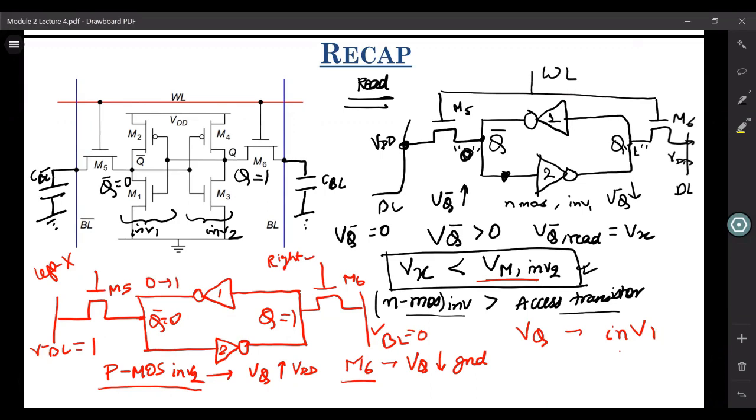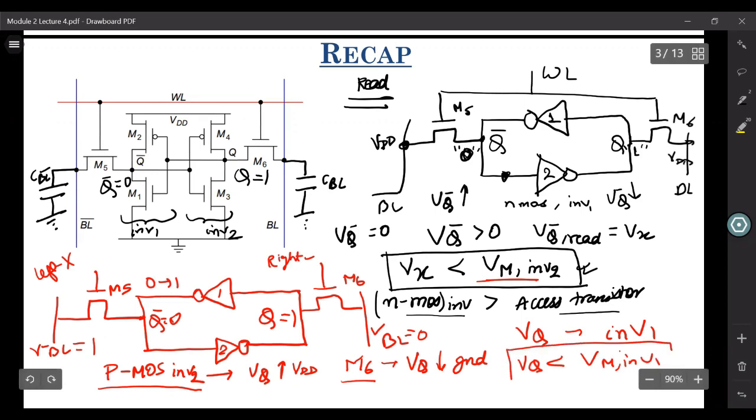What ensures that? If the input to your inverter goes below its VM value, you are sure that it's switching from 0 to 1. So we want our VQ to be less than VM of inverter 1.